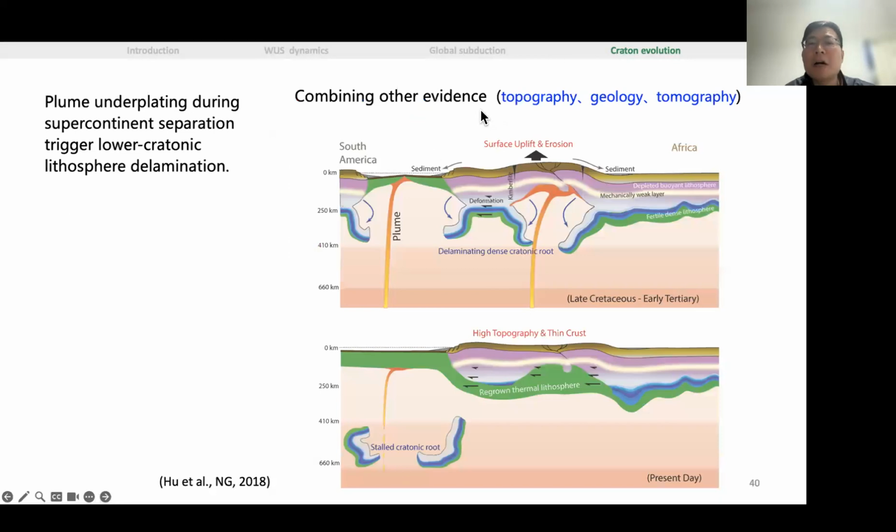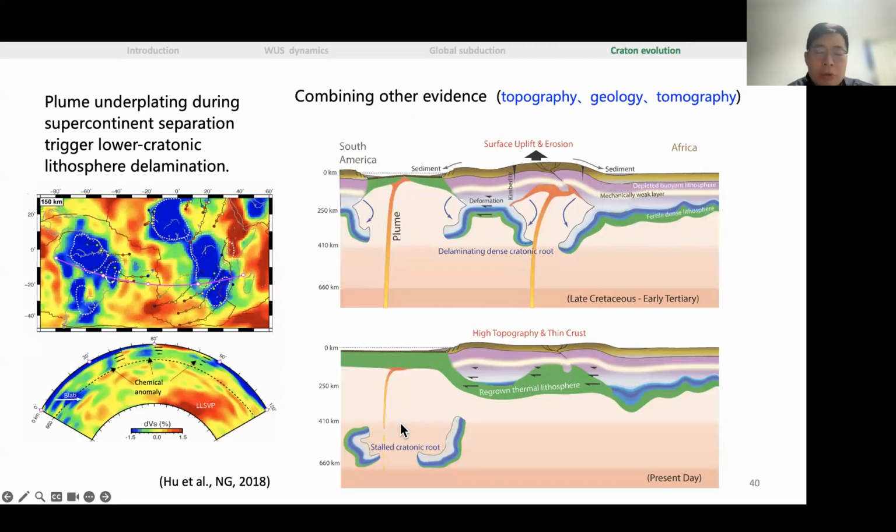And of course, there is other evidence I will not have time to talk about, like surface topography, gravity, geology, mantle structure. We propose that these high topography regions, where we also have the anisotropy reset at the bottom, are a sign of past delamination.